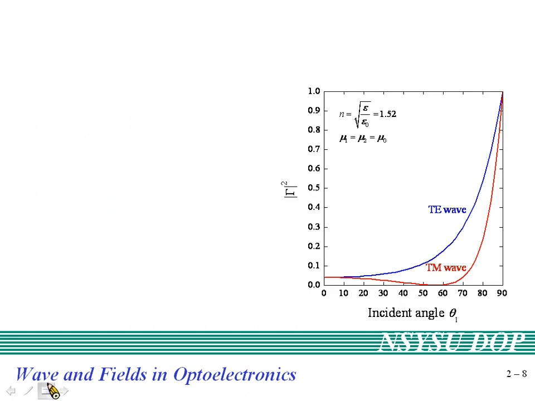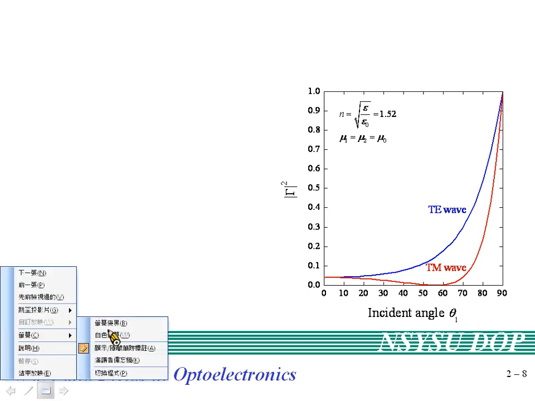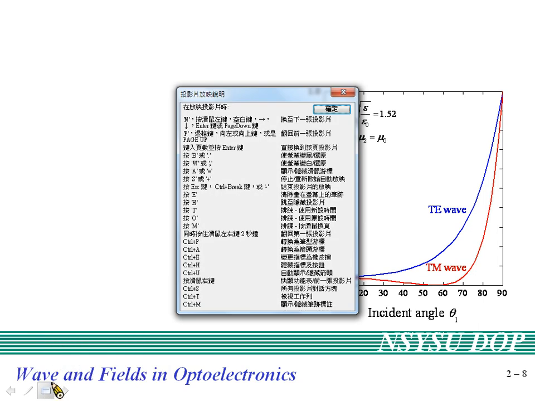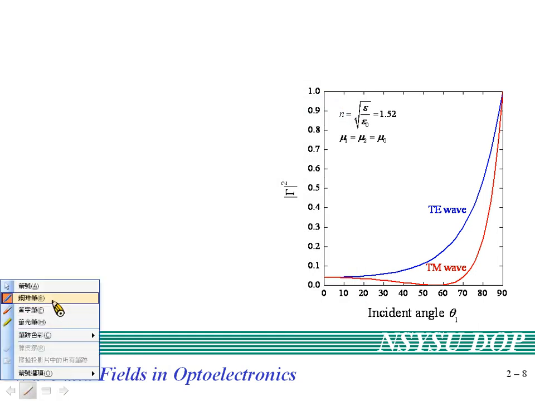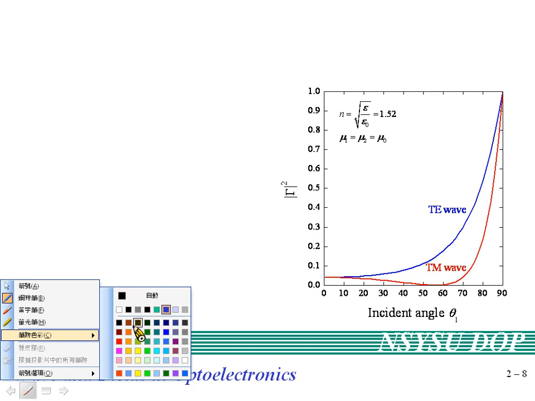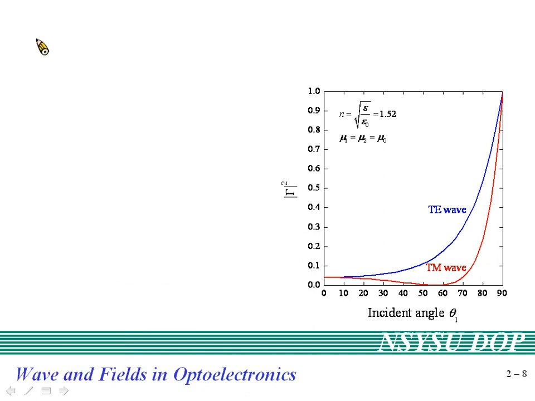Since we have learned the reflection coefficient for TM wave from the plane dielectric interface, now we would like to know what the so-called Brewster angle will be.